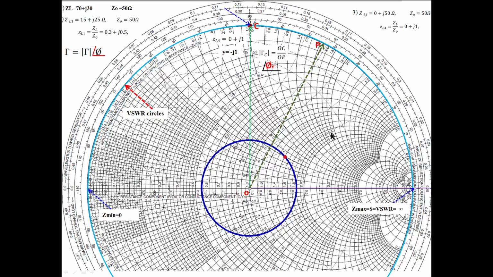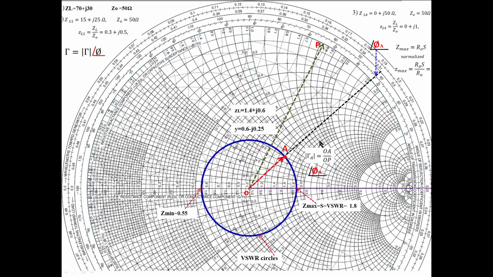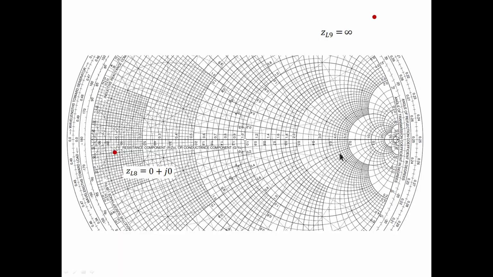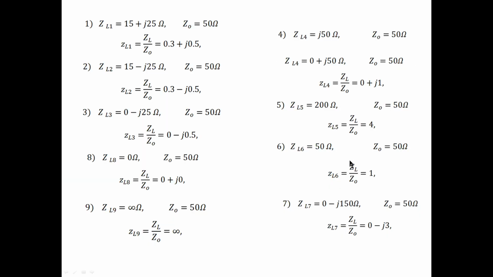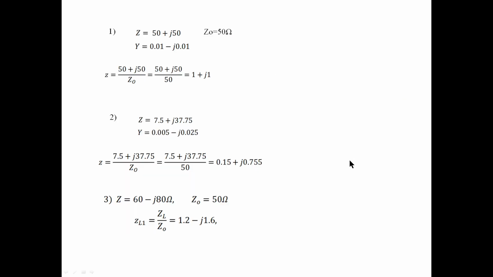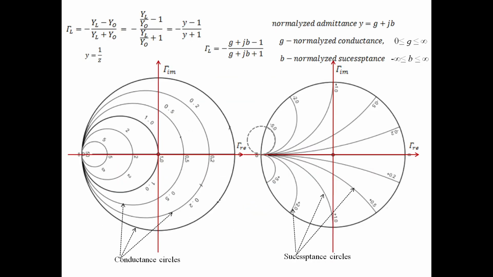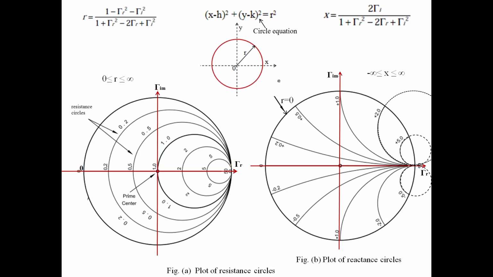Next we will see how to find the VSWR, or standing wave ratio. As we know, I told the importance of VSWR in the earlier classes. It's a very important parameter, VSWR, like the reflection coefficient.